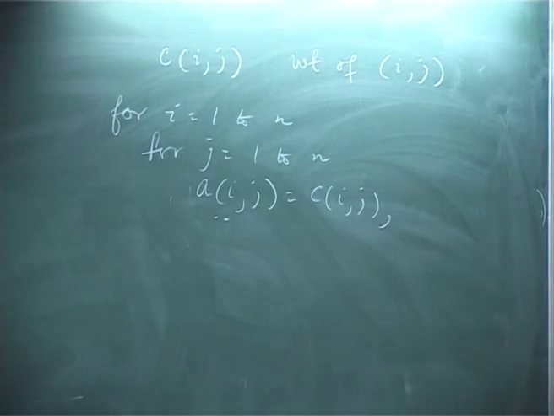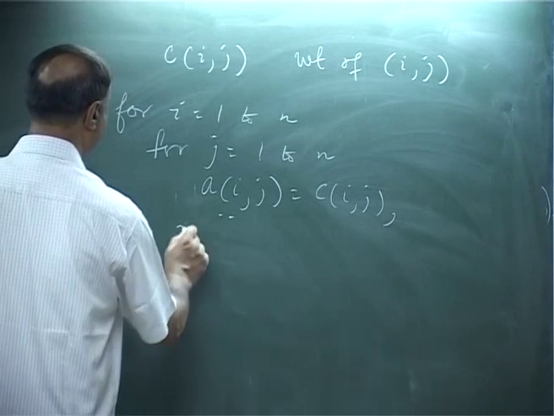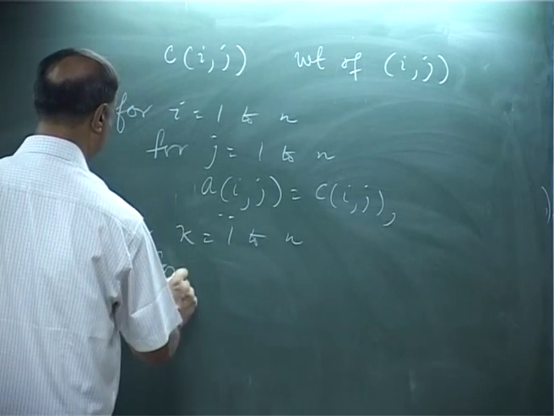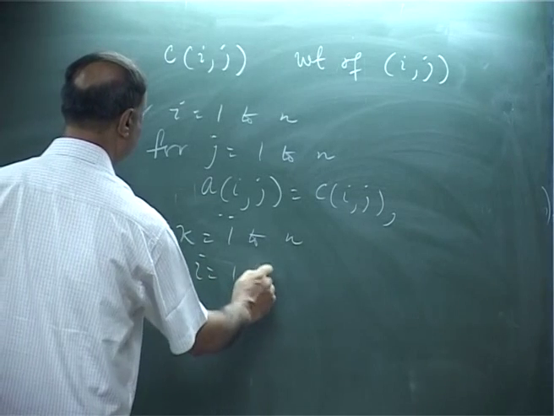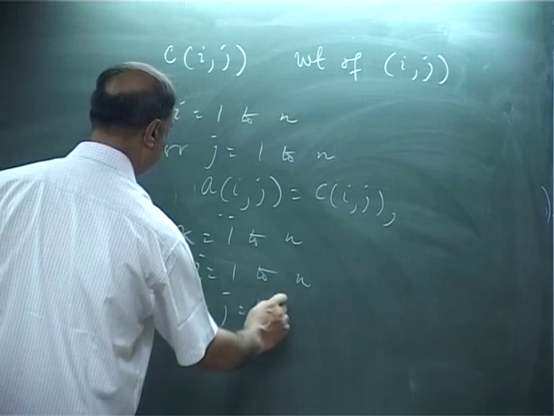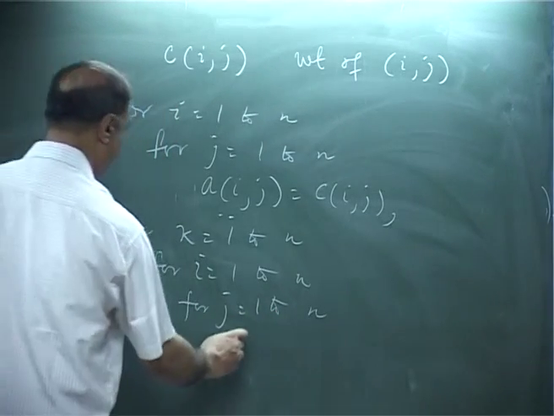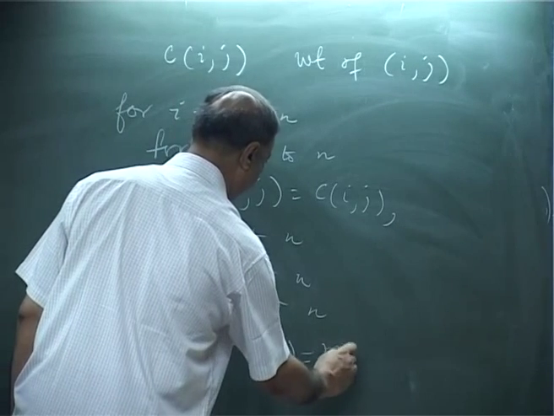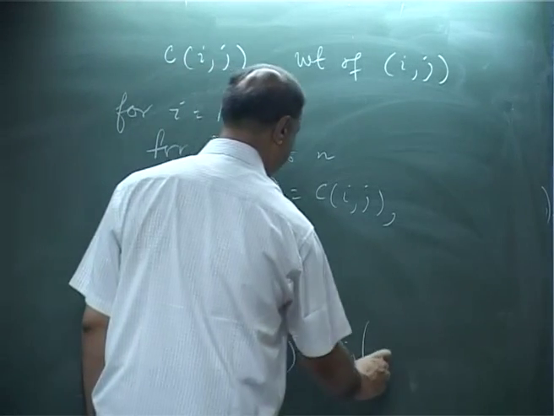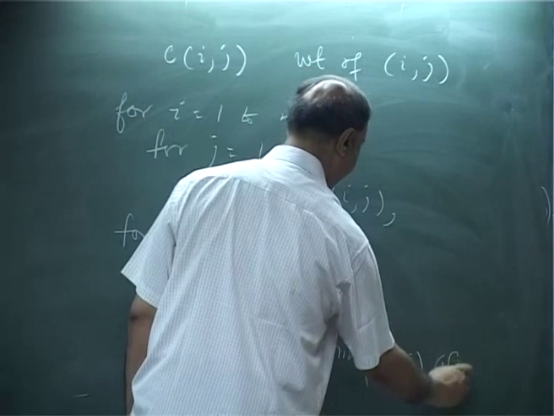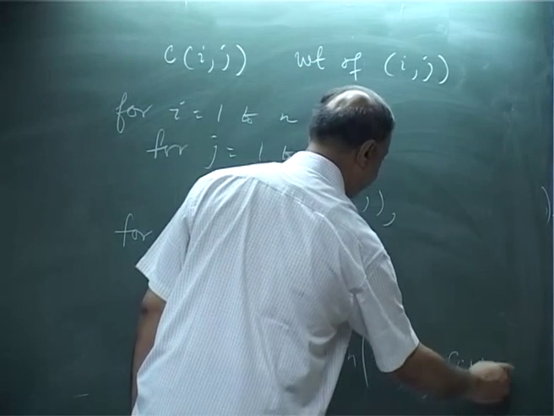The algorithm is: for k equals 1 to n, for i equals 1 to n, for j equals 1 to n, Aij is replaced by the minimum of Aij and Aik plus Akj.